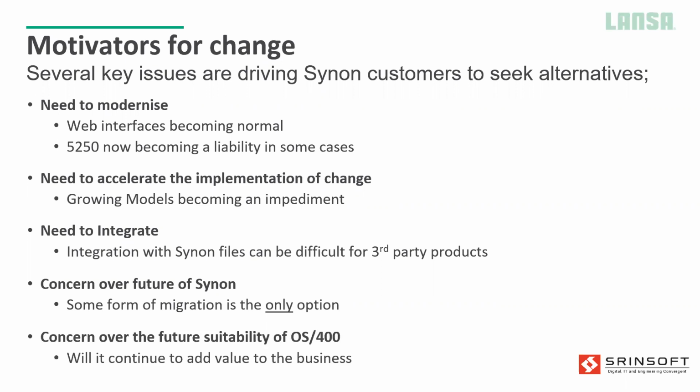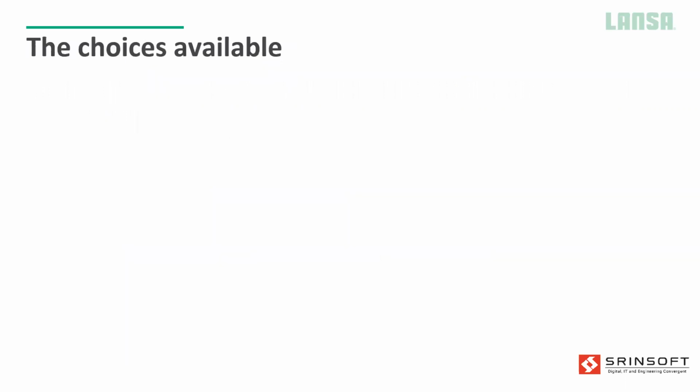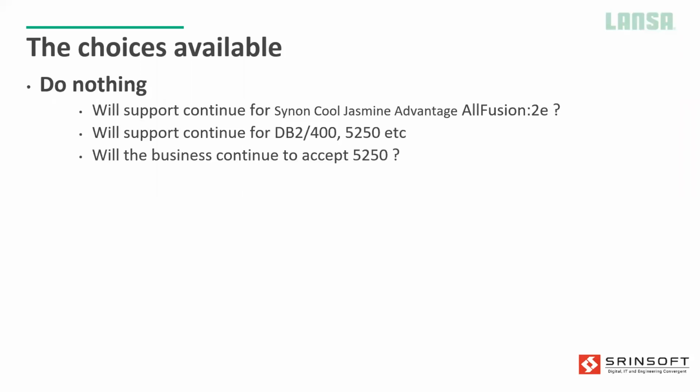So what options are actually available for moving forward? Well, the first thing, you can do nothing. Your systems may still meet your requirements. The current tool, Synon, may still be fit for purpose. So why would you change?